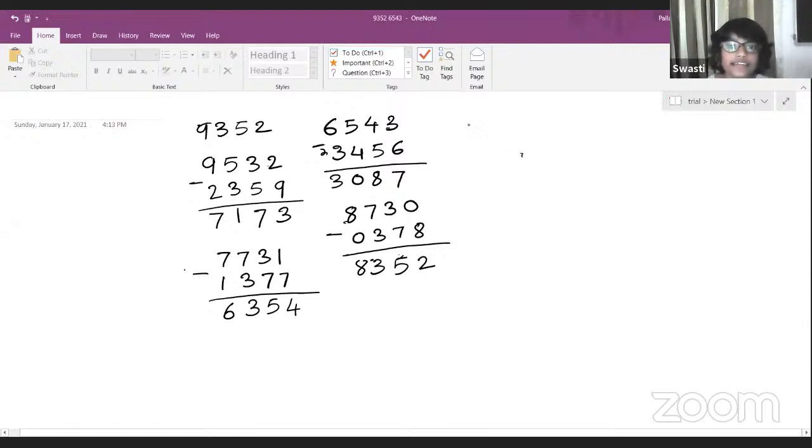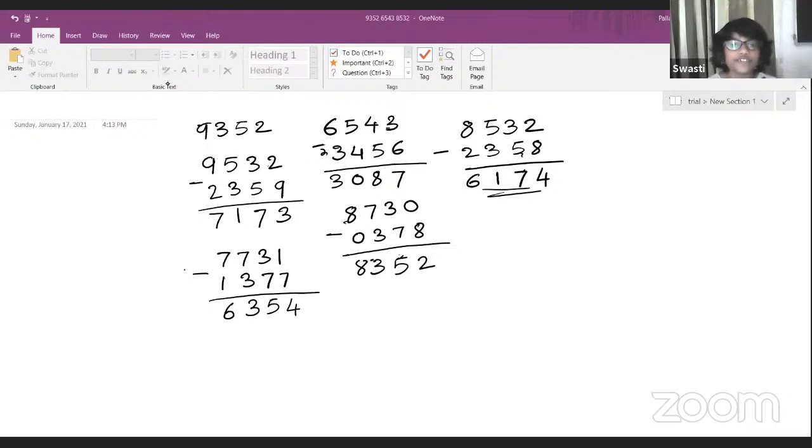So 8532 minus 2358 is 6174. So we got 6174.